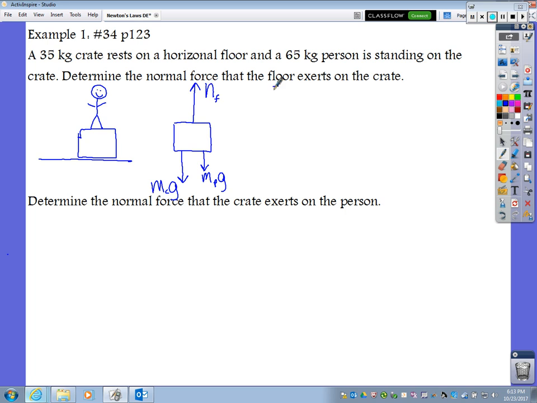So if we look at the net force, again, they're only vertical forces, so I'll put a little y there, equals mass times acceleration in y. We've got normal force from the floor minus the ones pulling down, minus mass of the crate times g minus mass of the person times g equals the acceleration, in this case 0.